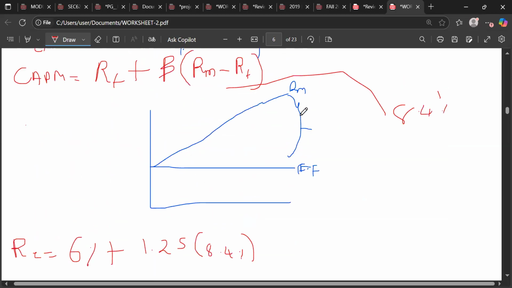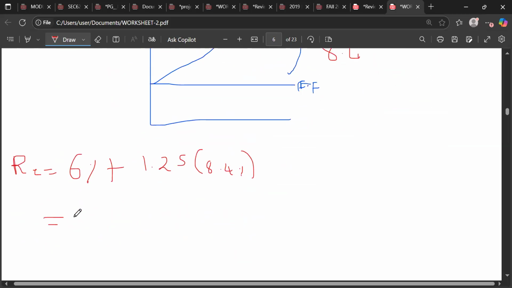So this will give us 6 plus 8.4 by 1.25, 8.4 by 1.25, we're getting 10.5, which will give us 16.5% as our return on equity.